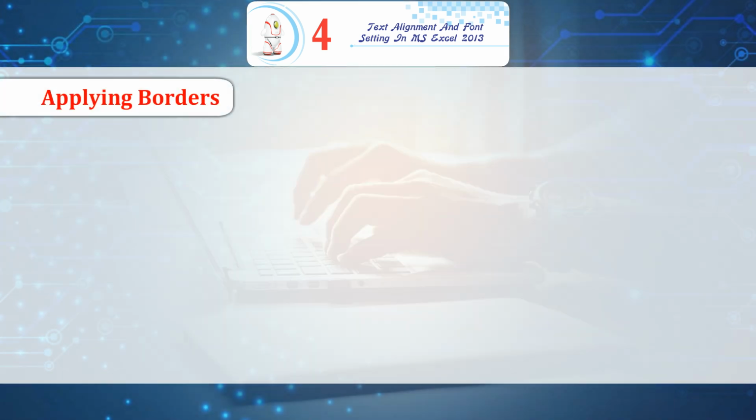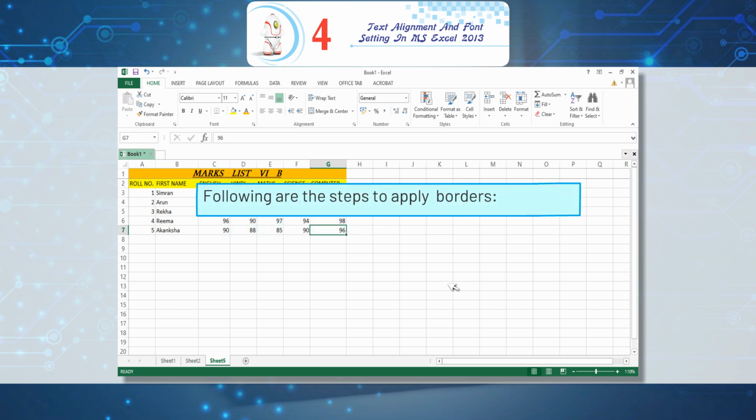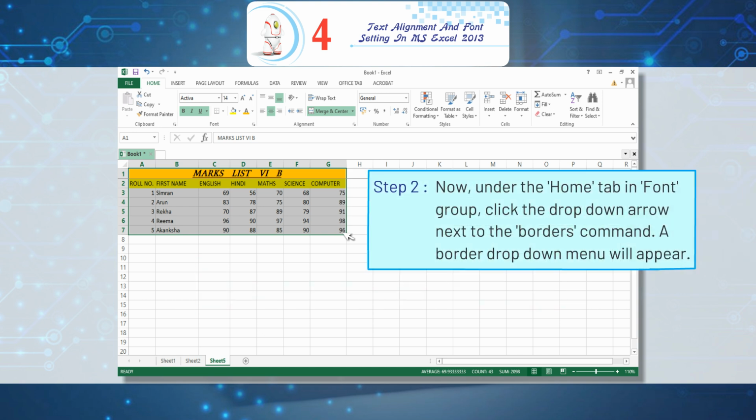Applying borders. Excel allows you to add borders around cells or range of cells for presenting your data more effectively in a worksheet. Following are the steps to apply borders. Step 1. First of all, select the cells around which you want to apply a border. Step 2.